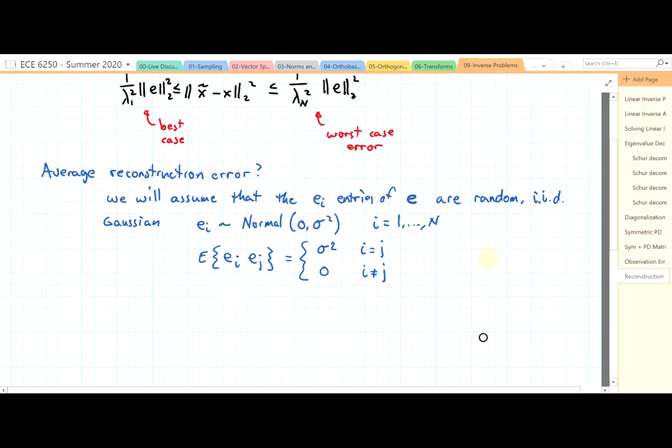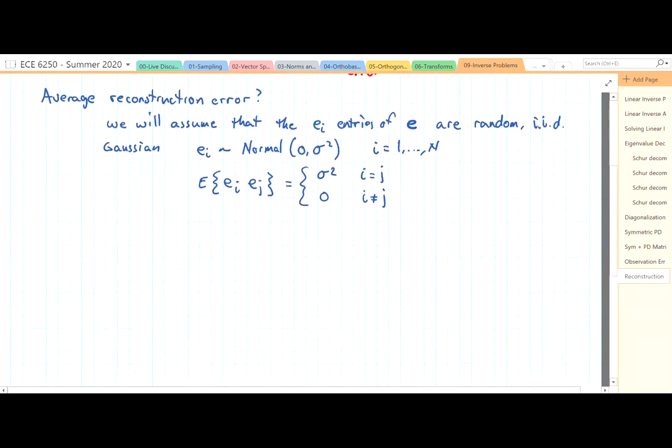Okay, so now we've got our setup here. How realistic is this? Well, I don't know. It may not be very realistic for some applications, but for others it may be a good fit. But it still gives us some intuition for what's going on.